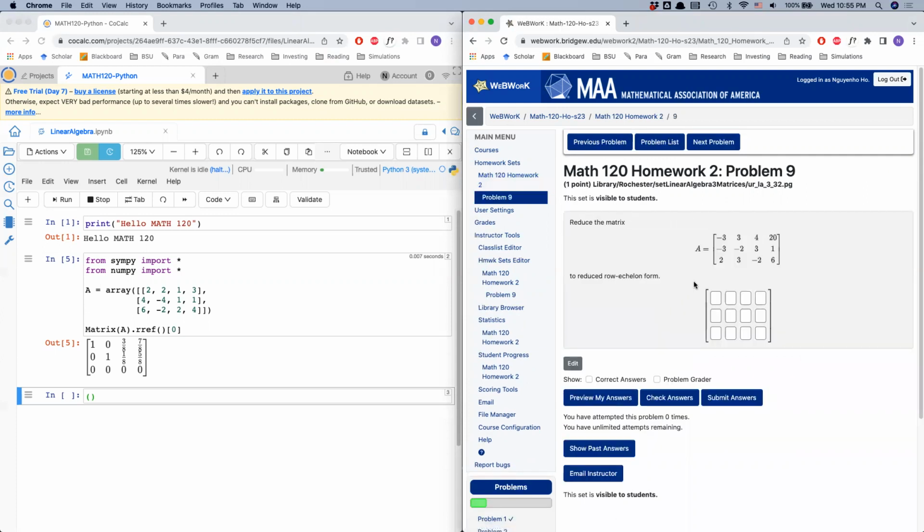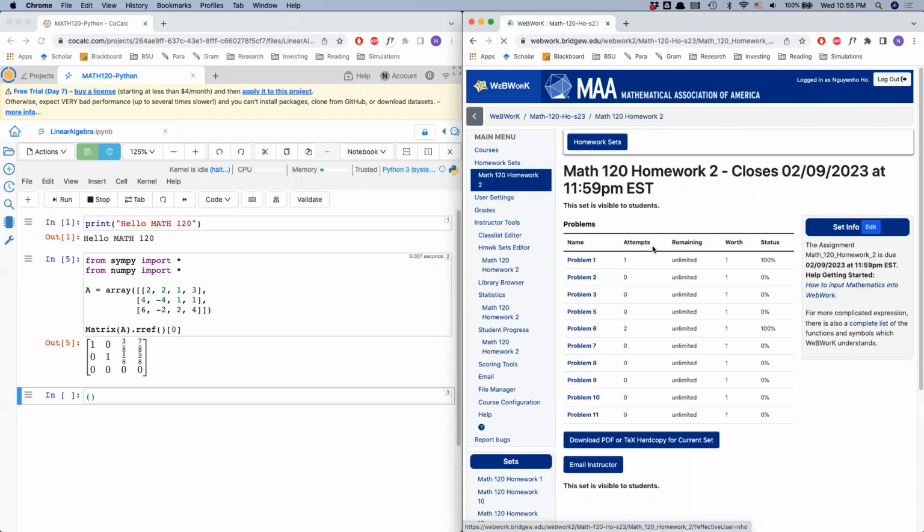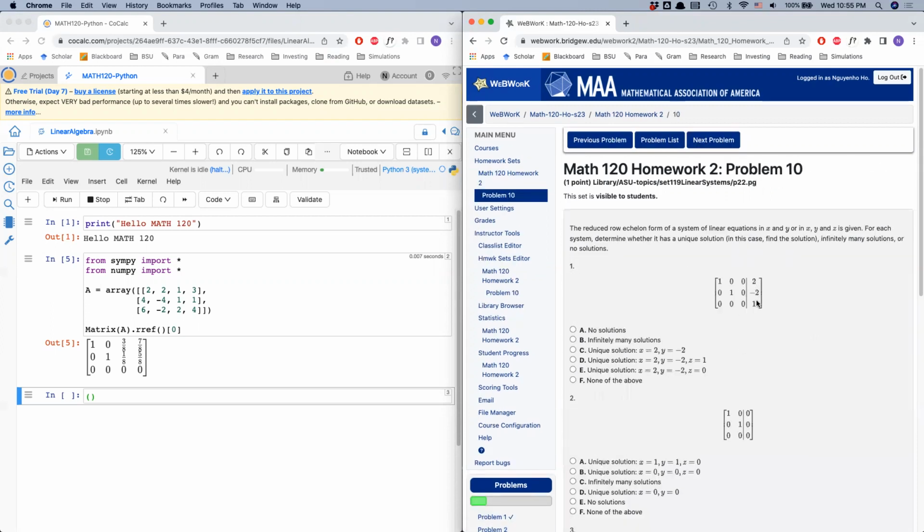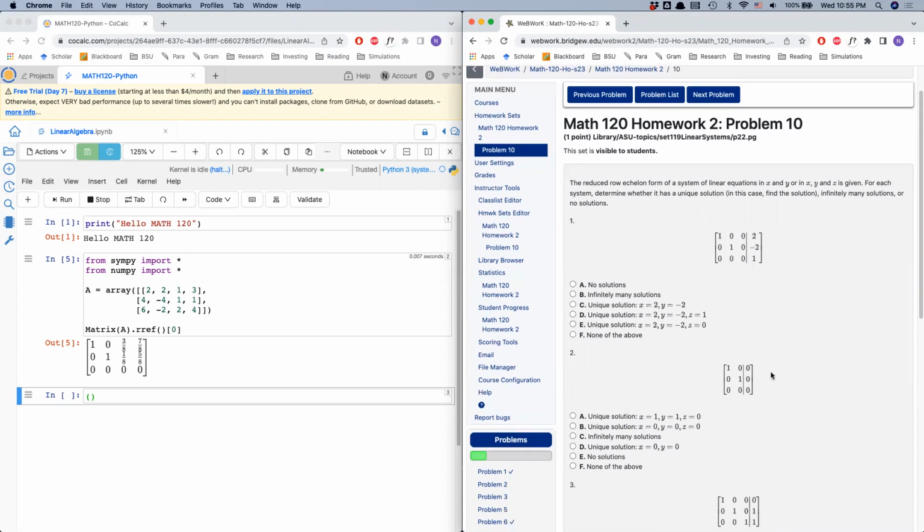And problem 9, it's very much the same with what we have done already. Problem 10. All right, so problem 10, again, you have seen this in homework 1 as well. So given the system, this is the reduced row echelon form. For the last row, you have 0 on the left and 1 on the right, so the system has no solutions.